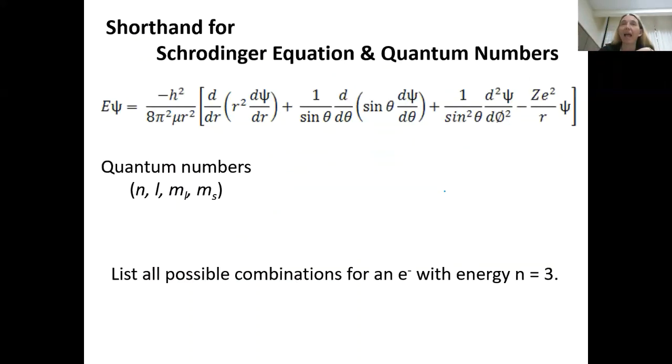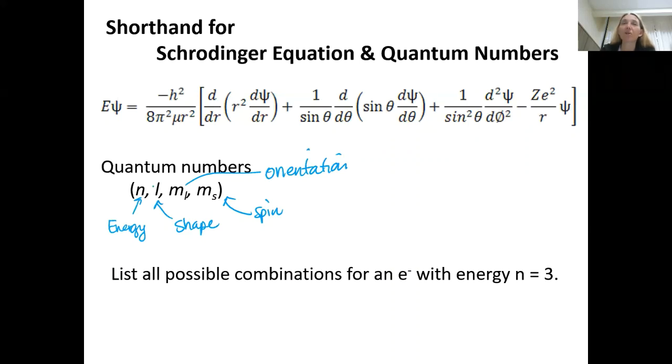Okay, and so we talked about the rules for the quantum numbers, right? We've got n, which is the energy level. We have L, which is the shape, M sub L, which is the orientation, and M sub S, which is the spin.